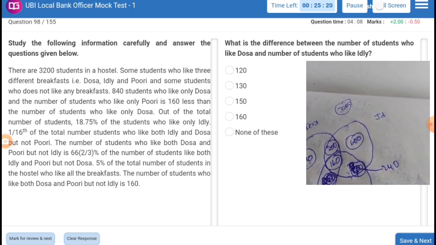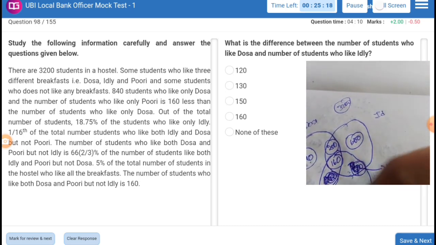What is dosa and puri but not idli is 160. 240.